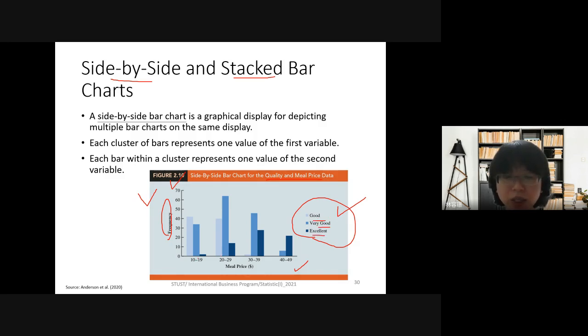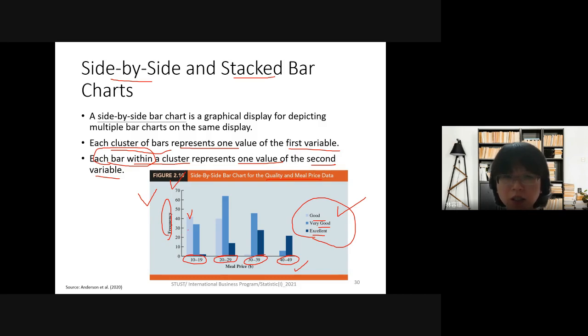To express it, each cluster of the bars represents one value of the first variable, that is here, the price. Each cluster is on behalf of the first variable, but each bar within the cluster presents another value of the second variable.